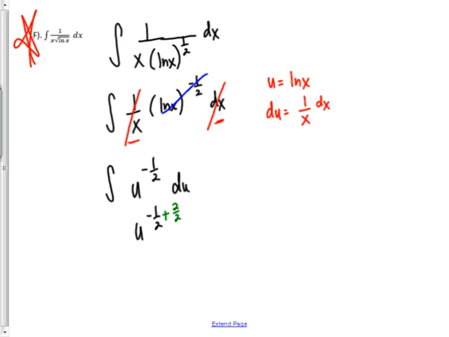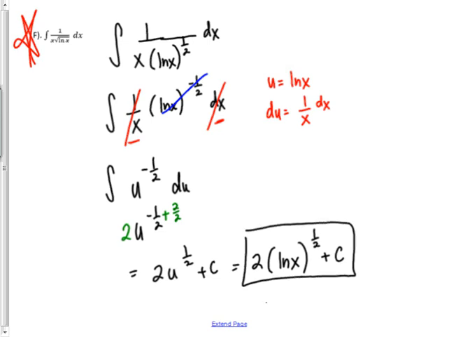So my new exponent is 1/2, and dividing by 1/2 is the same as multiplying by 2. So I get 2u to the 1/2 plus c, or 2 times the natural log of x to the 1/2 plus c. It doesn't matter to me if you give me that answer or put it back in radical form. Either one is fine.